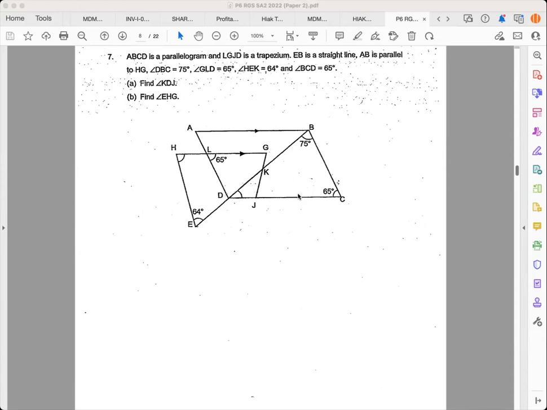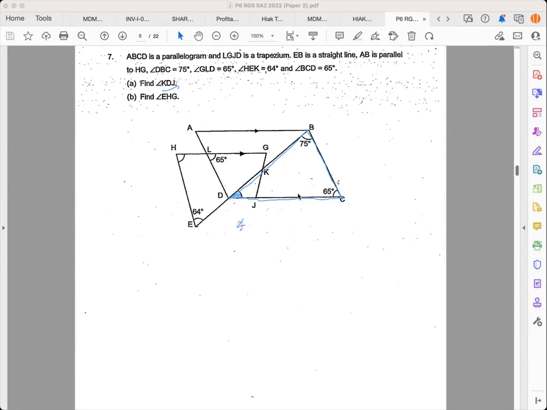Right? So first, let's find out what is the angle of KDJ. KDJ is this. KDJ is part of this triangle, DBC. Angles in a triangle add up to 180 degrees.